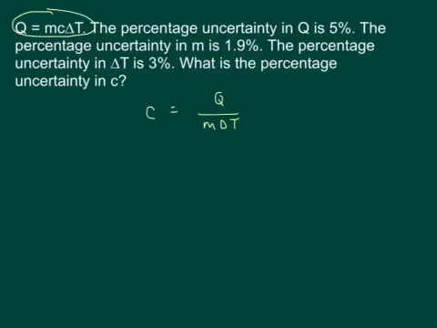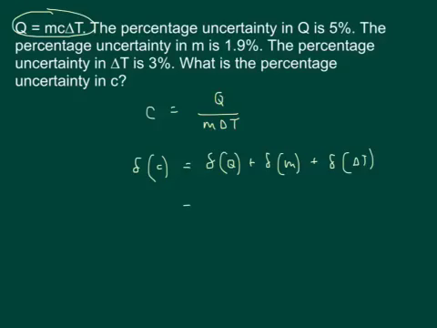So if we have this equation, then we know that the percentage uncertainty in C is equal to the percentage uncertainty in Q plus the percent uncertainty in M plus the percentage uncertainty in delta T. How do we know that? Because the general propagation rule is that whenever you have two measurements that are being multiplied or divided, you always add together the percentage uncertainties, not the absolute uncertainties.